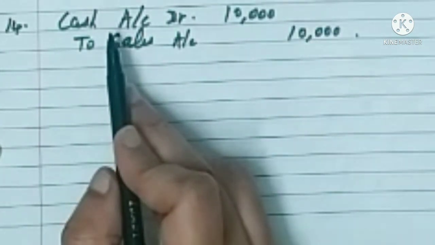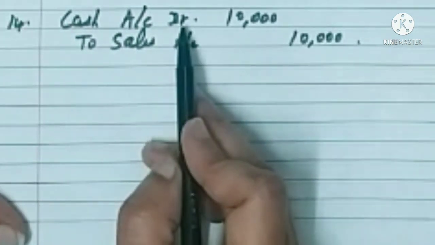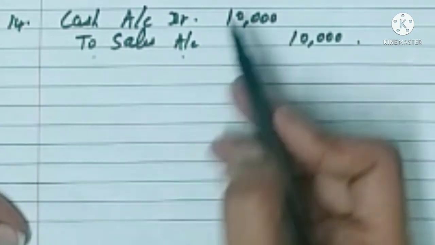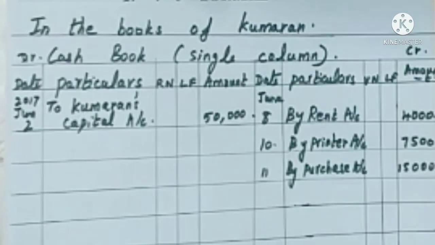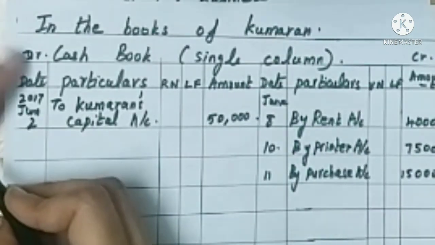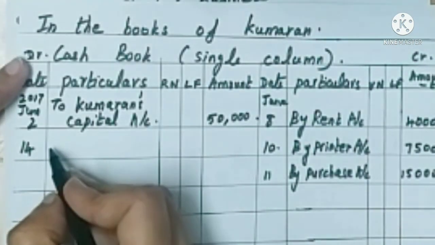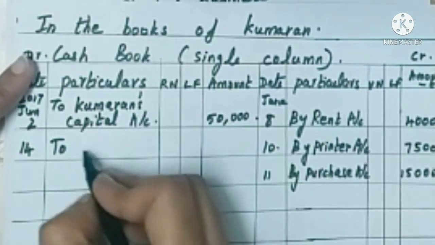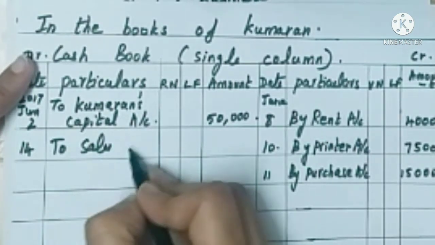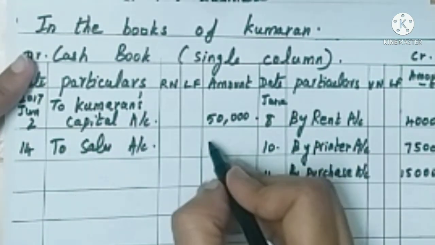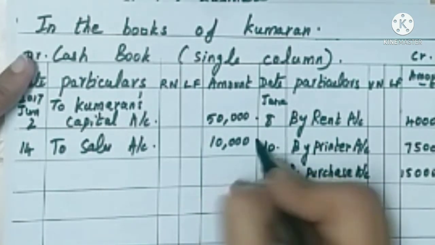In this entry, cash account is debited. So I am going to write it on the debit side: 14th June, to sales account, 10,000 rupees.